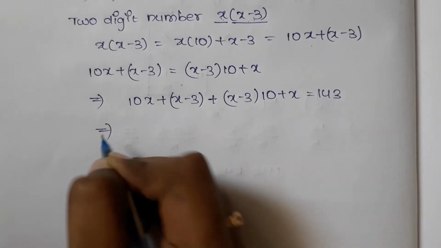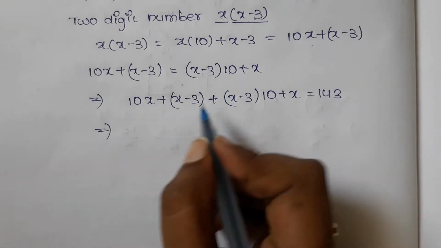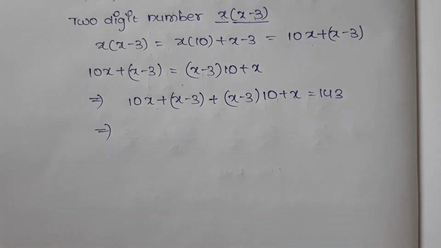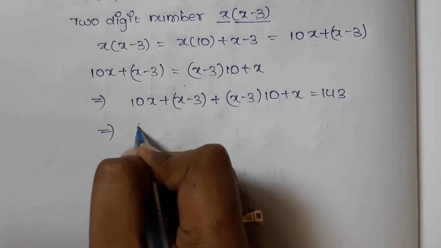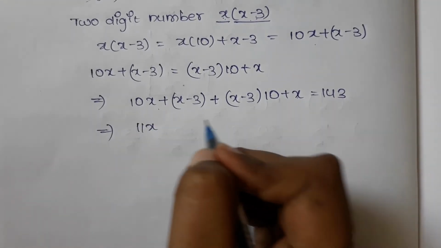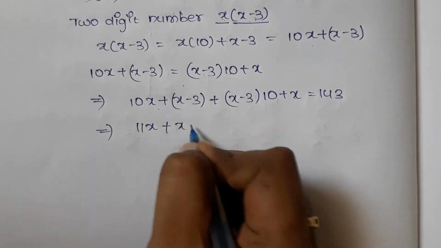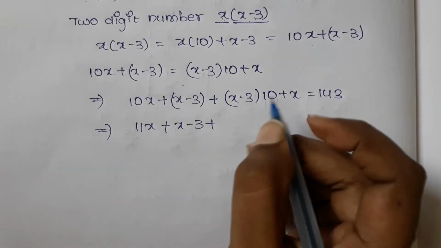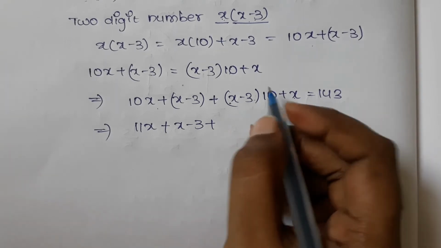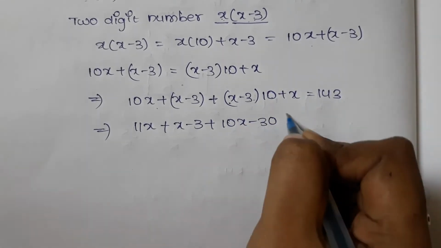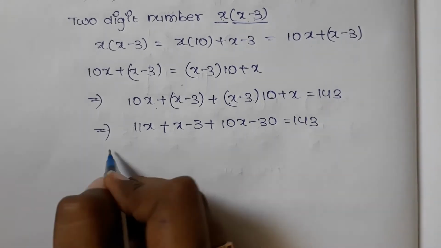Now let us add this. 10x plus x equals 11x. And x minus 3 into 10 is 10x minus 30. That equals 143.